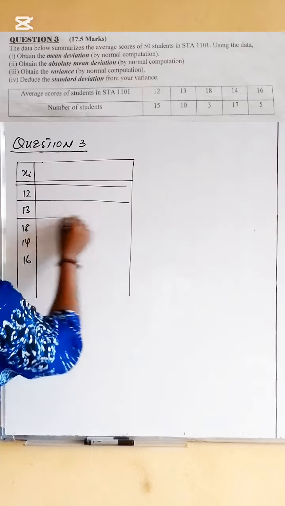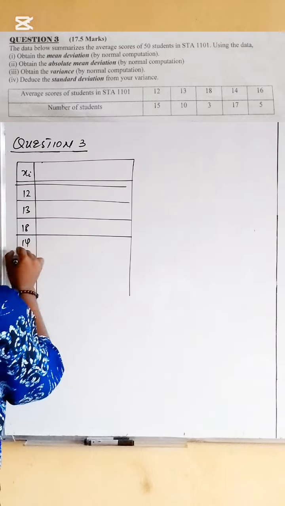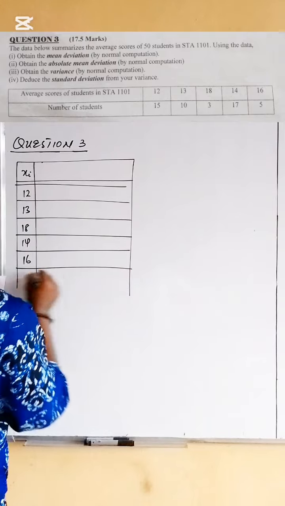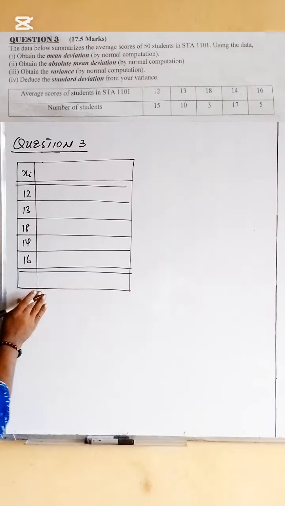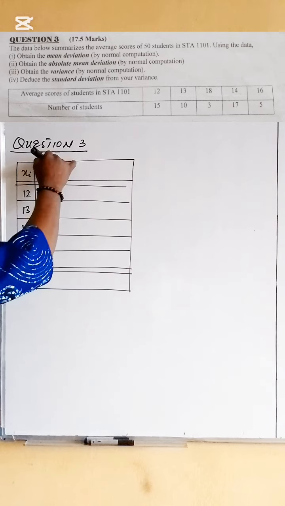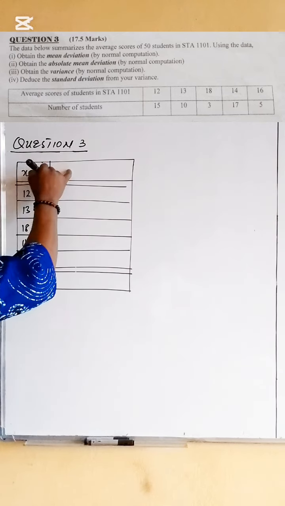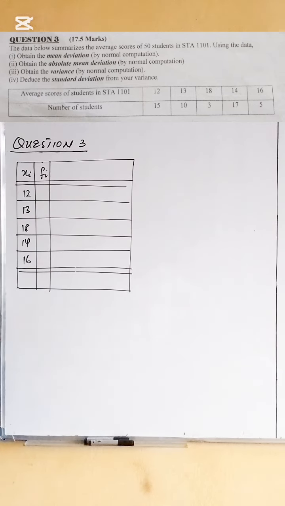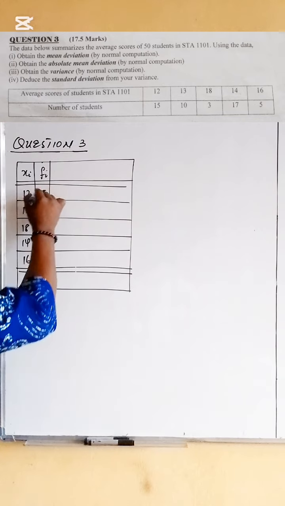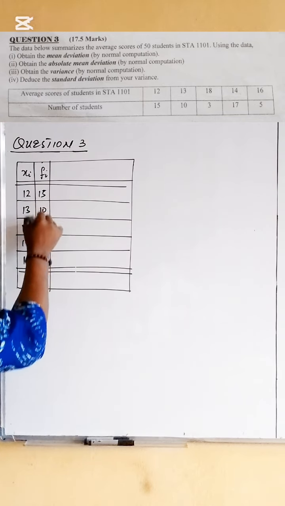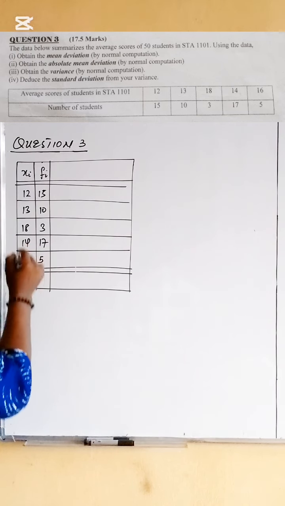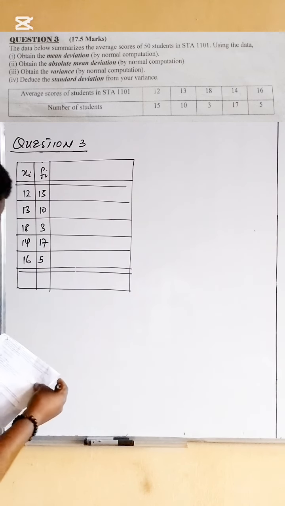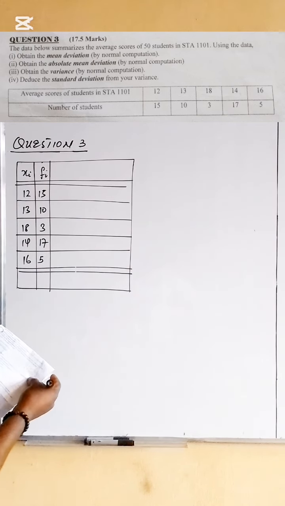Then comes fi. Your fi's, you have your number of students, write it out as your fi's: 15, 10, 3, 17, and then 5.